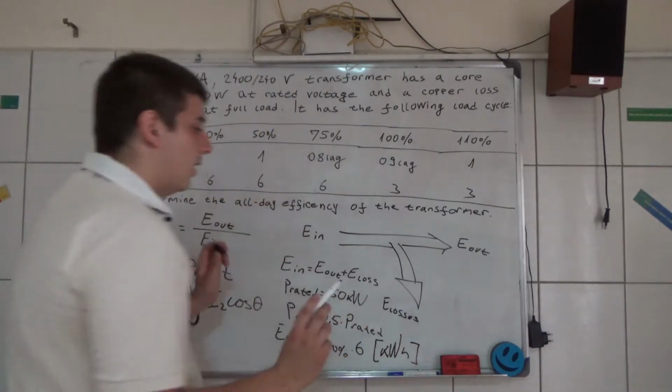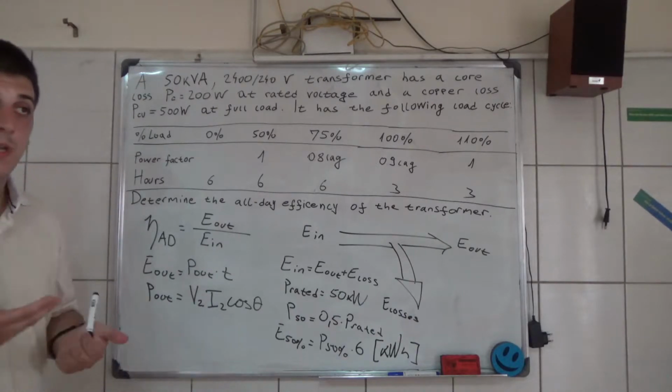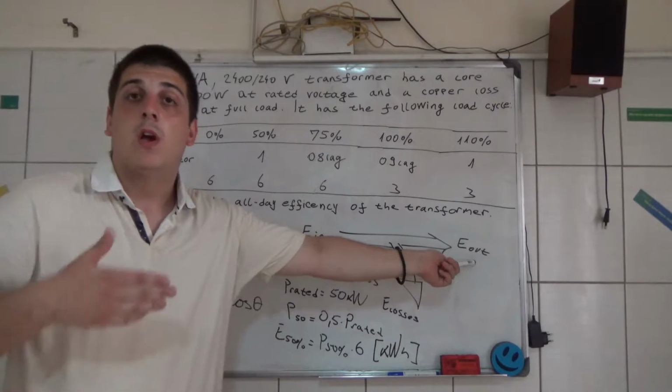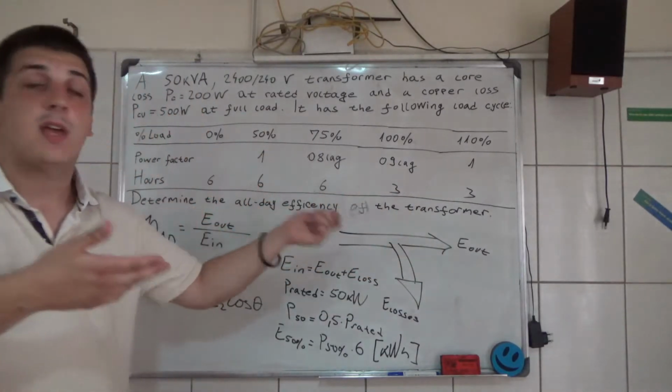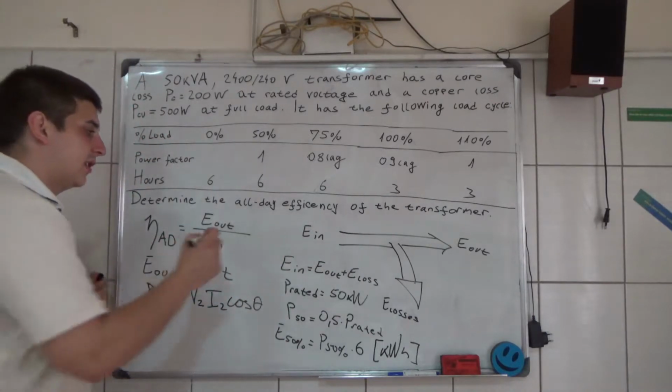I hope you understand now what I was trying to say. So we have to calculate the energy output in this day divided by the energy output plus the energy losses.